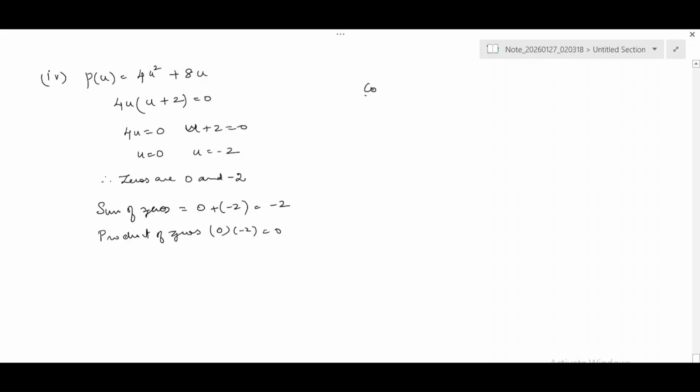Now for the coefficients, p of u is equal to 4u squared plus 8u, a is equal to 4, b is equal to 8, c is equal to 0. So sum of zeros will be minus b by a.